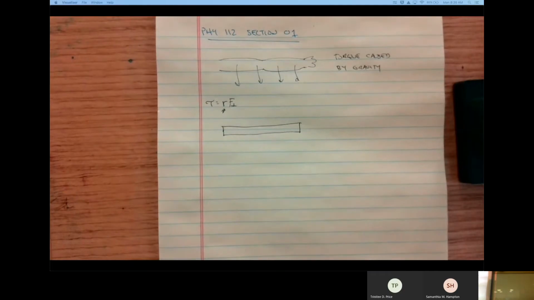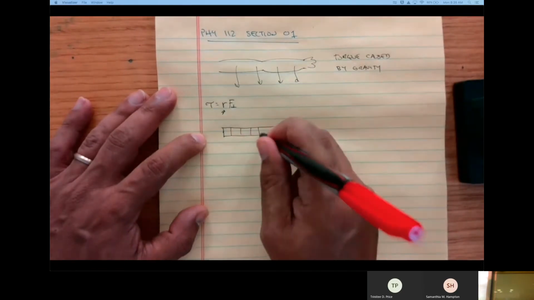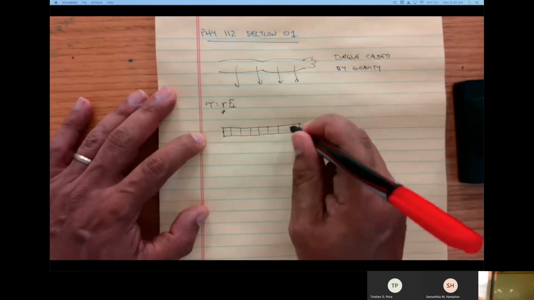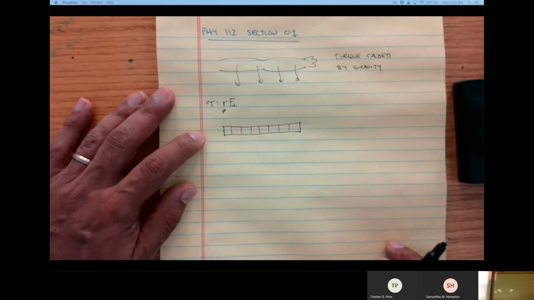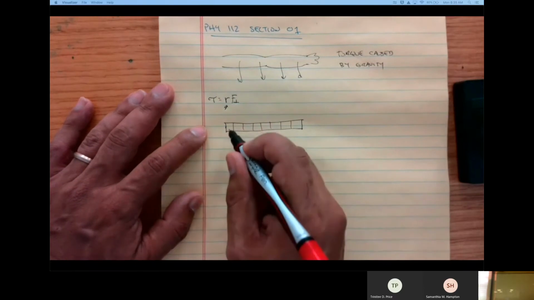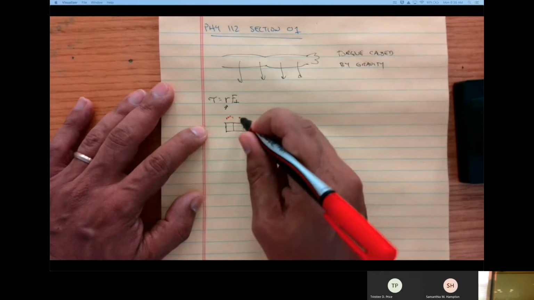So I can have just little pieces of my arm. And I'm going to assume that each piece is exactly the same mass. They may not be necessarily the same size, but each one of them has the same mass. So each one of these little guys, I'm going to call it M1, M2, all the way to Mn.